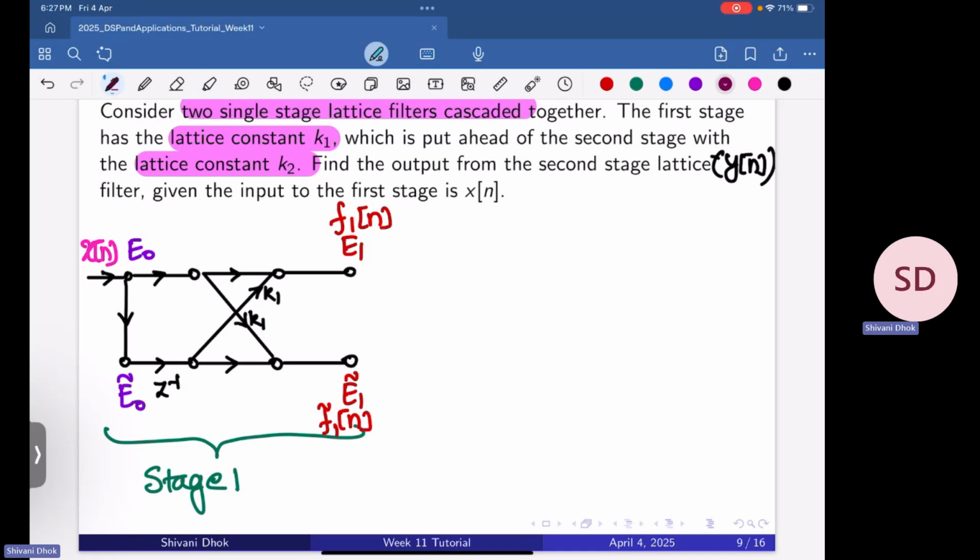Now let us draw the stage 2. So for stage 2, let me first draw these things. Like this. Then again we have a Z inverse here. Then this goes like this here. We have these coming like this. Then we have a K2 here.